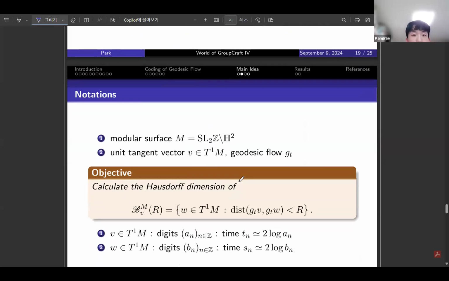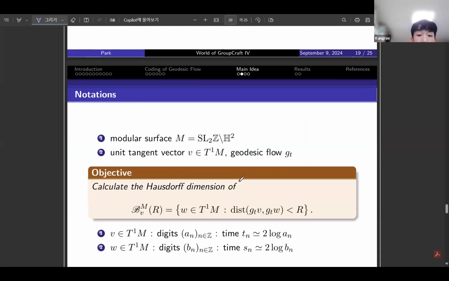Okay, we go back to our main question. For a given unit tangent vector v and a geodesic flow g_t, we wanted to calculate the dimension of the set of fellow traveling vectors w with respect to v.